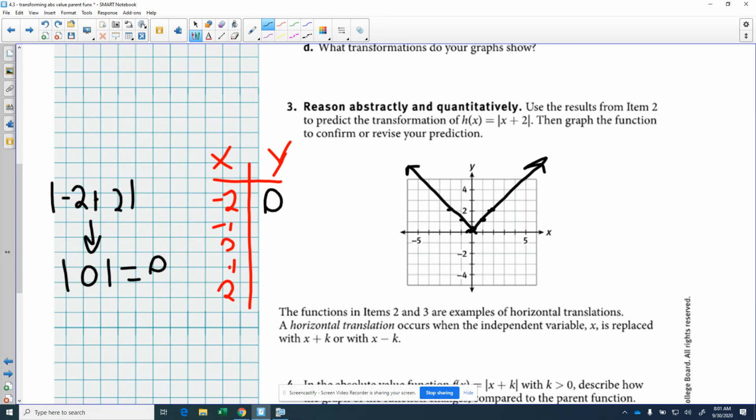So I went from -2 to 0, which means if I graph this, it's going to start at -2. I go -2, 0.